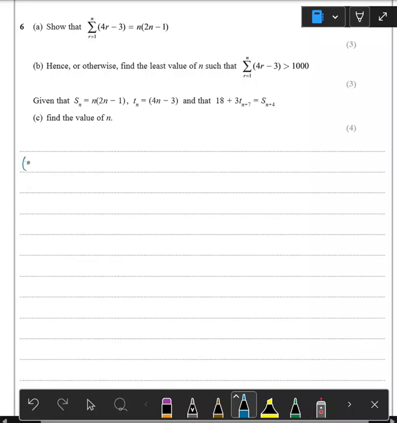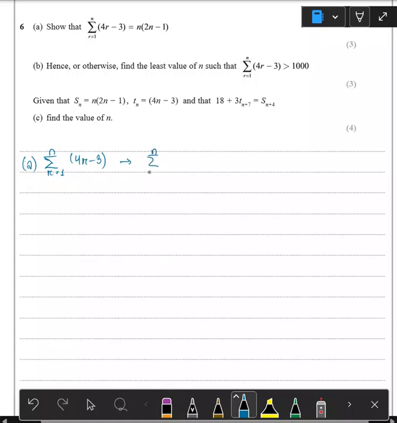So for part A, the sigma notation for n, we are given r equals 1, and this is 4r minus 3.